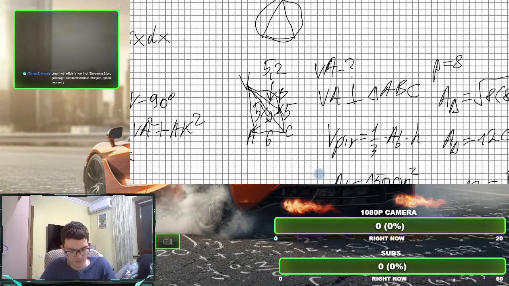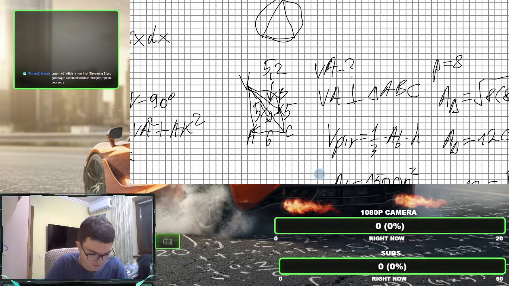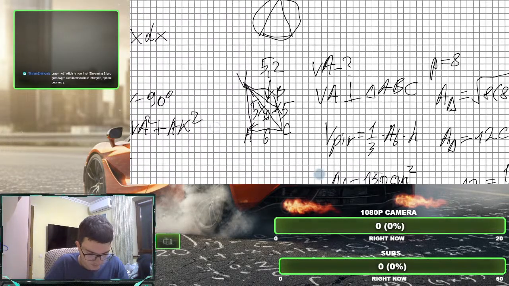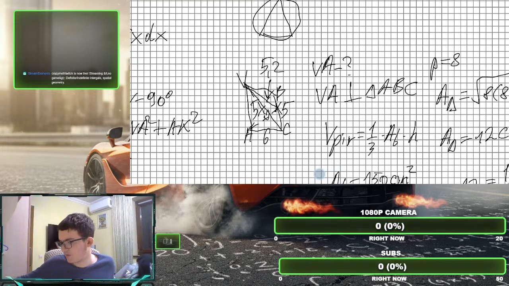And I got semi-perimeter. Area is 12. Okay. Now using those formulas, you can find that. So I can deduce that formula.